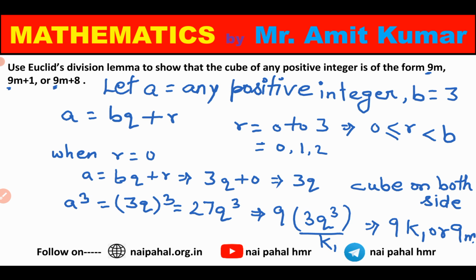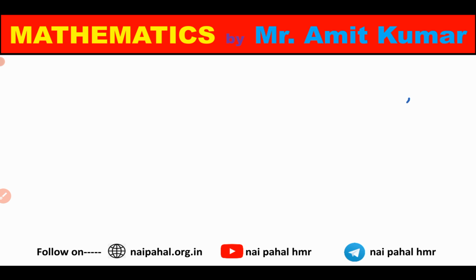Okay, then let's move on to the r second value, that is 1. r is equal to 1. Then we can take the Euclid division lemma, a is equal to bq plus 1. And in this case also, what we are going to do?